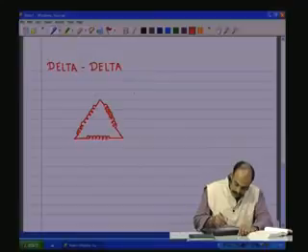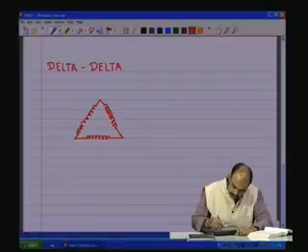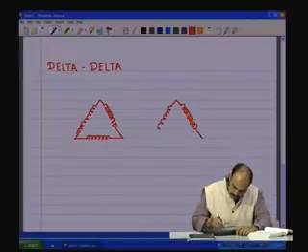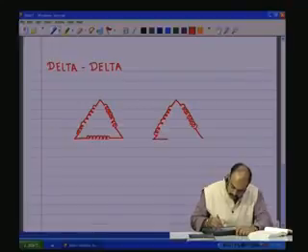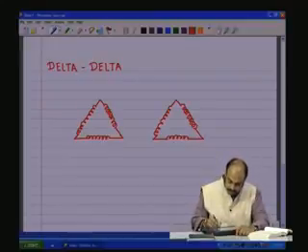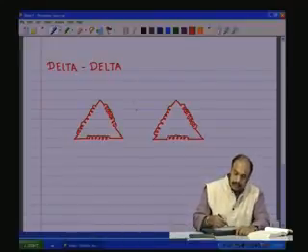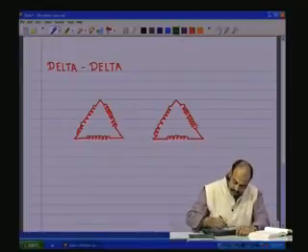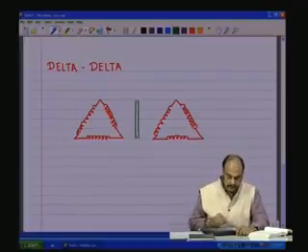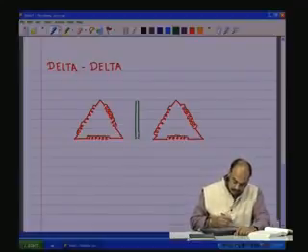Now, the secondary coils are also connected in delta, as shown here. Now, there is mutual inductance between the primary and the secondary, and that is shown as coupled by means of a core.